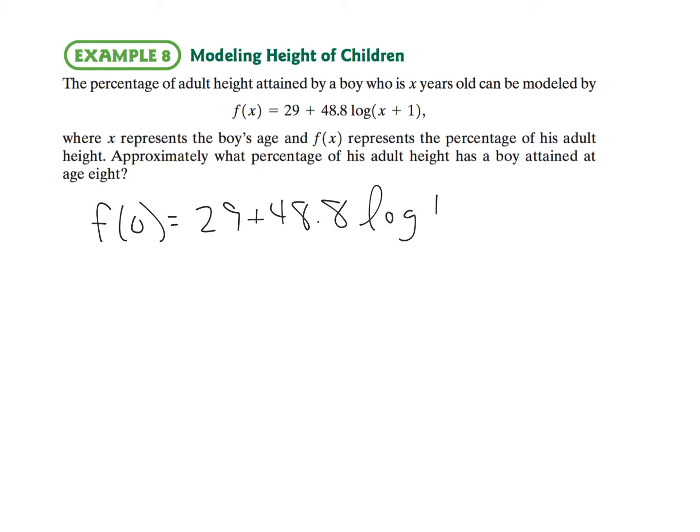And if we remember from the other day, log 1 is just equal to 0. So this whole term goes away. So f of 0 is equal to 29, or when a newborn is born, they're at 29% of adult height.